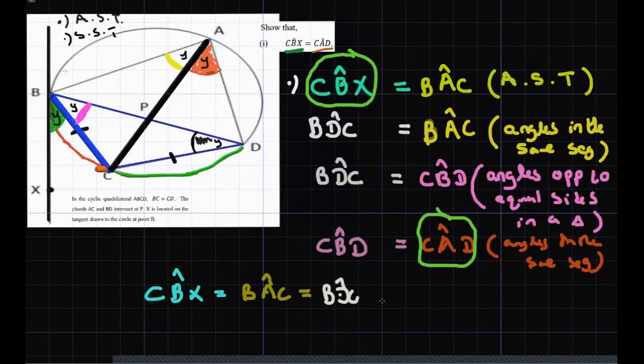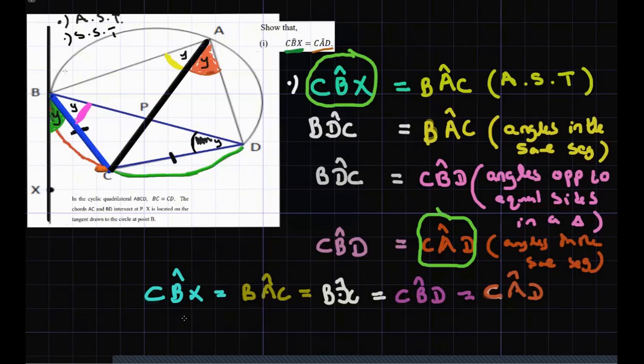And what is BDC equal to? BDC is equal to, look at the third line, the pink angle, CBD. And what is CBD equal to? We have proven it is equal to CAD, the orange angle. So then what can we say?